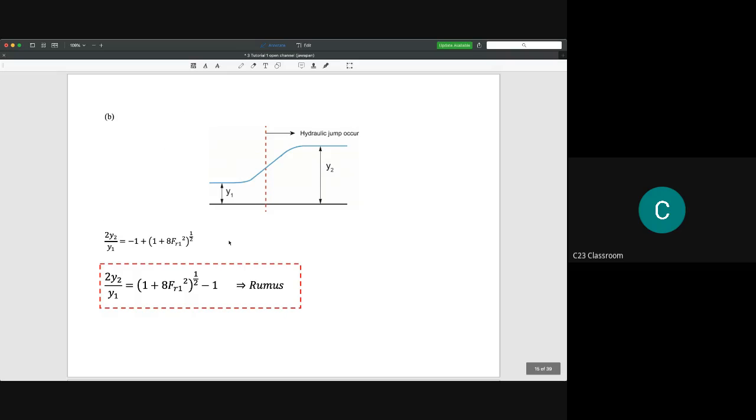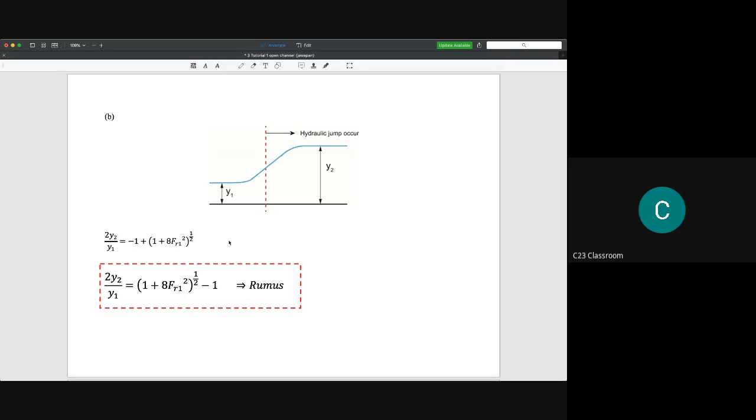Okay, then how to get the depth after the hydraulic jump? As I said, the hydraulic jump will create losses, meaning the energy will reduce because there are losses in the hydraulic jump. So we cannot use our common energy equation.